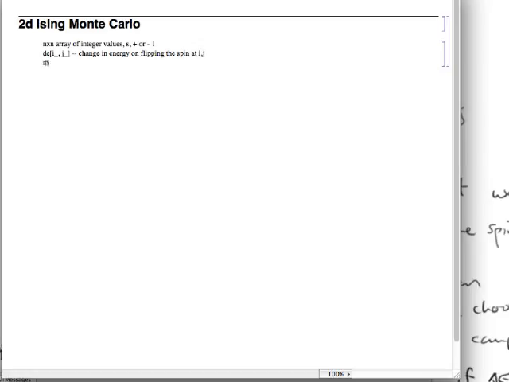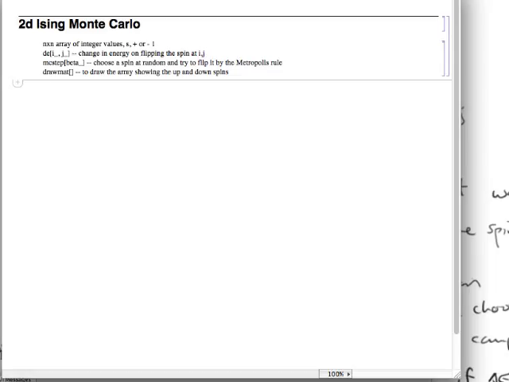And then we're going to have a thing called MC step, which will be a function of beta, which will choose a spin at random and try to flip it by the Metropolis rule. And then we're going to have something which draws the array showing the up and down spins. Those are the 4 functions that we want.